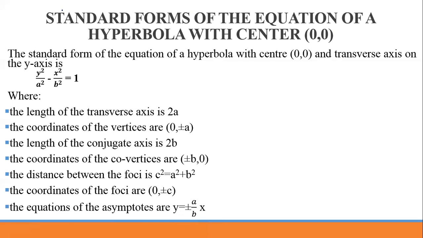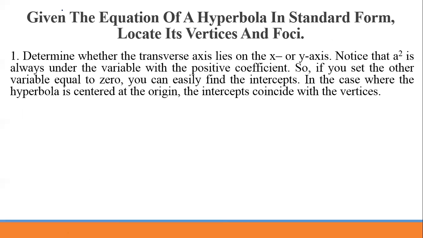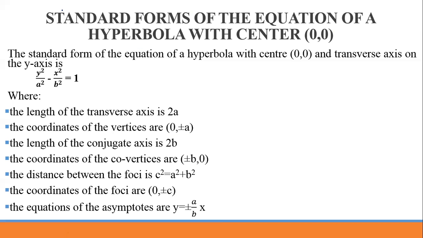Alright? So, note in here that, okay, ano na yun? Ayun. So, you have to note that the vertices, co-vertices, and foci are related by the equation c squared equals a squared plus b squared.